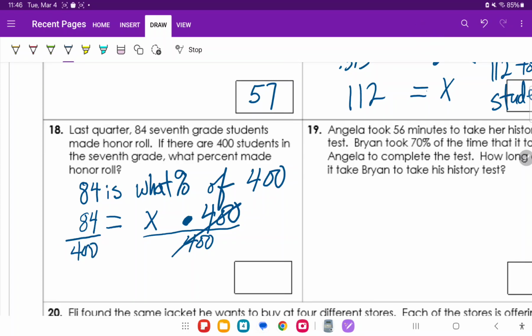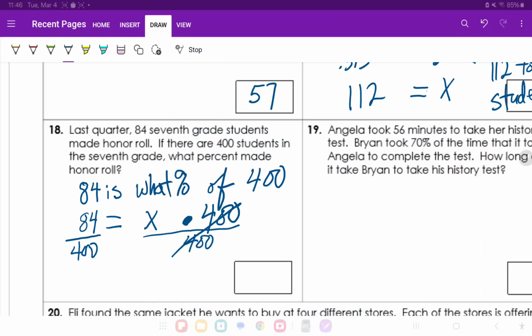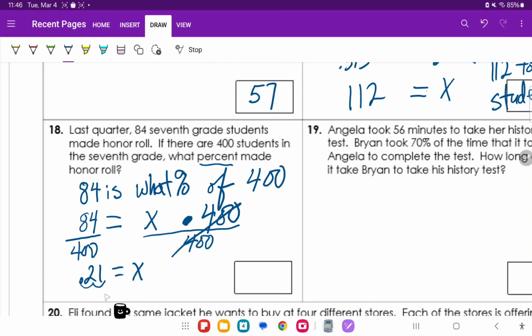Okay, so we're going to switch over here, and we're going to do 84 divided by 400. So 84 divided by 400, and that's going to be 0.21. All right, so that gives us 0.21 is equal to x. Now, since we want it as a percent, we're going to move the decimal 2 places, and we're going to call that 21%.